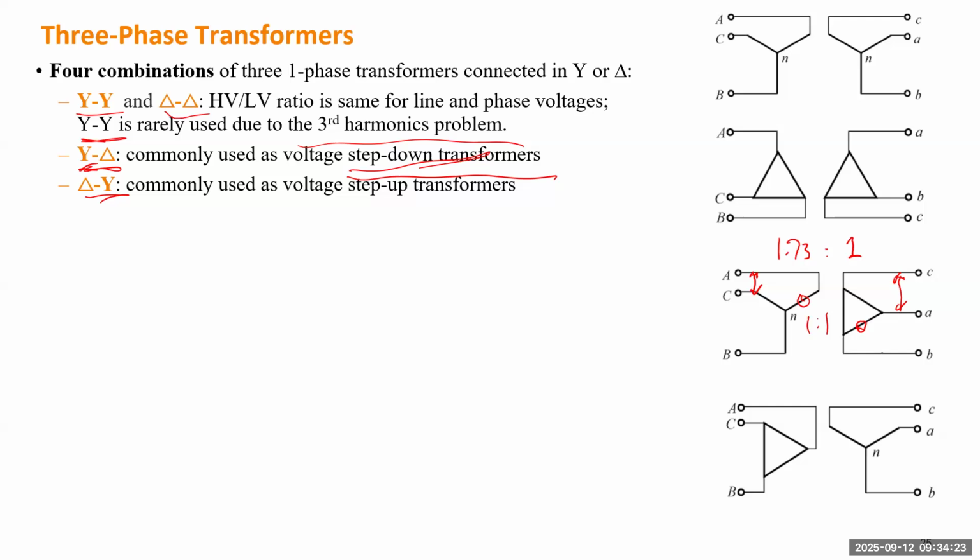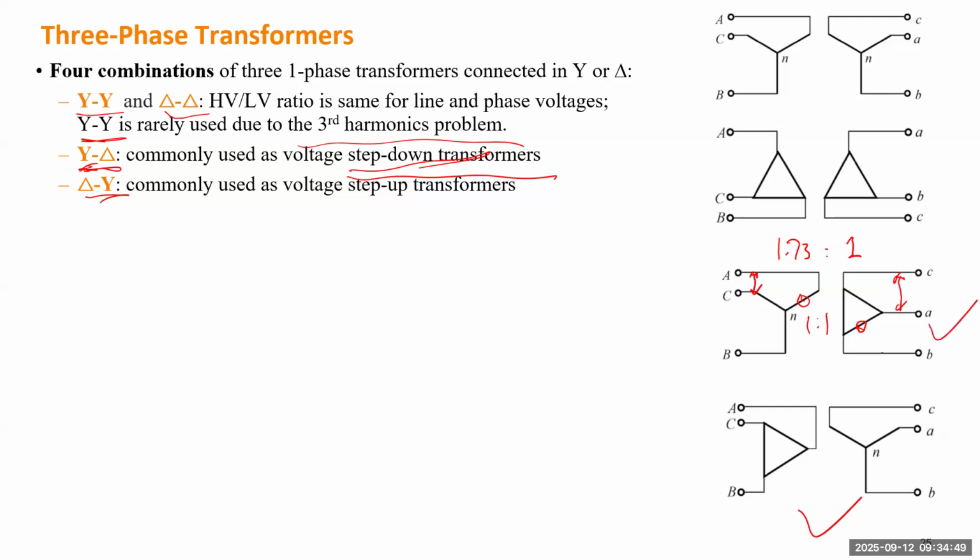If you really want to build a step-down transformer, you don't want to make this one the step-down transformer, because when the ratio for each phase is 1-to-1, the line ratio is 1 to 1.73. If you want the primary side to have higher voltage, you need more turns, so that's not an efficient way to design the transformer.